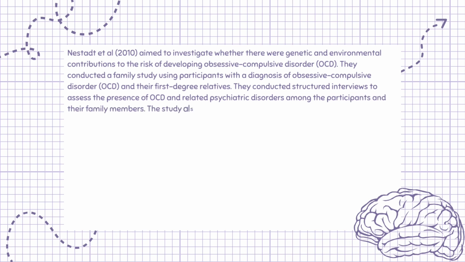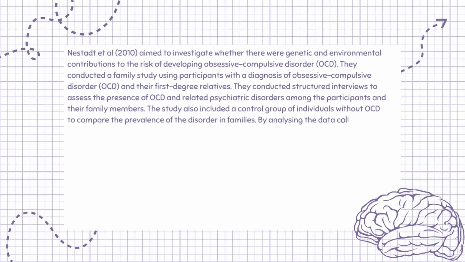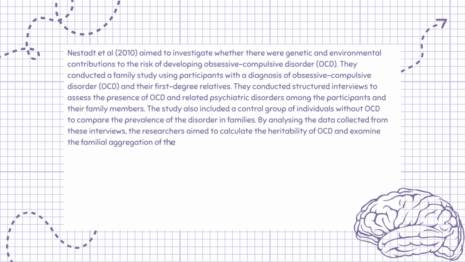The study also included a control group of individuals without OCD to compare the prevalence of the disorder in families. By analyzing the data collected from these interviews, the researchers aimed to calculate the heritability of OCD and examine the familial aggregation of the disorder. This approach allowed them to determine the genetic and environmental contributions to the risk of developing OCD.